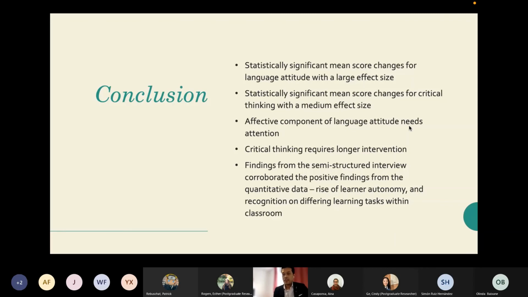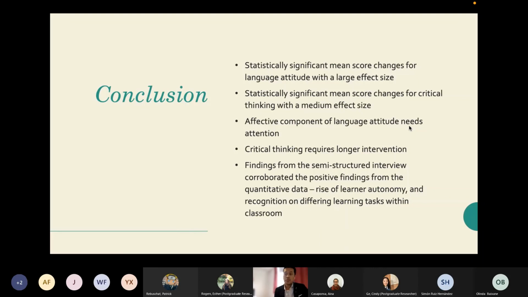And the affective component of language attitude needs attention, meaning that teachers need to be designing activities that promote the native speakers' culture and daily activities to make sure that the students get to know the native speakers' community better. Because all this while in Malaysia, English is used as a tool.